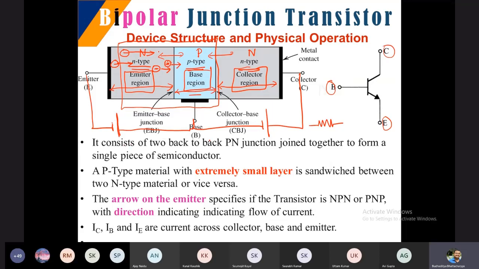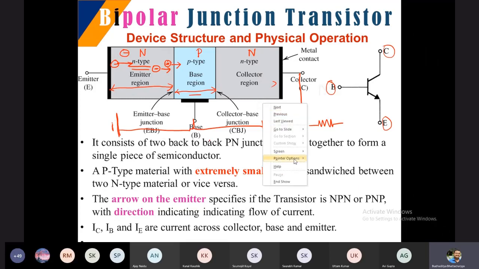As the electron is flowing, I'll reduce some unnecessary drawing. If the electrons are moving in the direction indicated, then as per our rule, the direction in which electrons move, the current moves in the opposite direction.